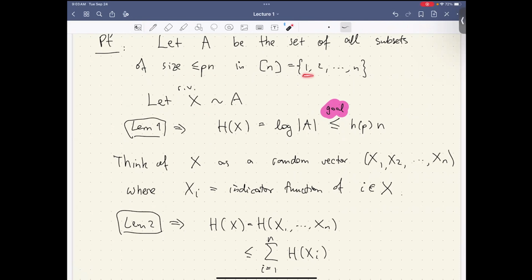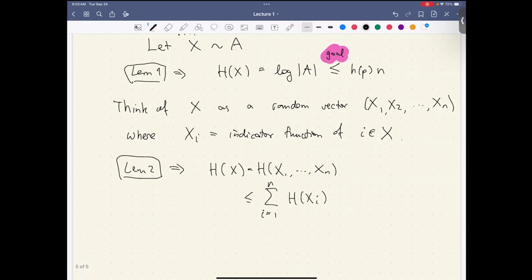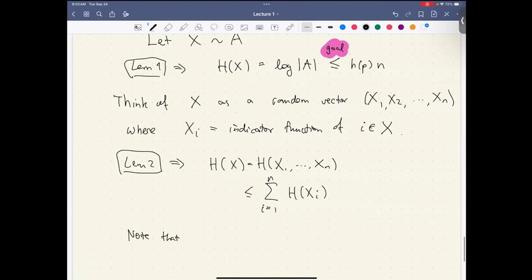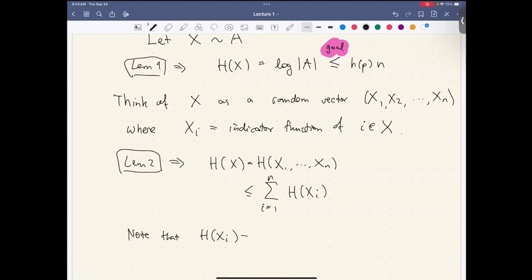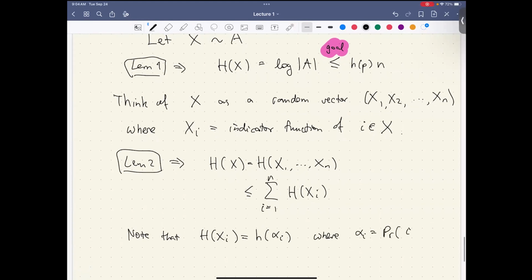So that means every element i has probability at most p to lie in X. Note that H(Xi) equals little h(alpha_i), where alpha_i equals the probability that i lies in X, by definition of this binary entropy function.